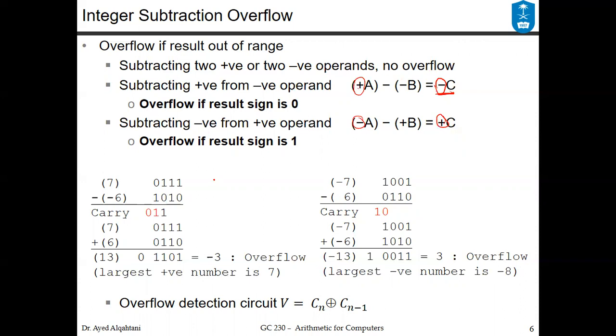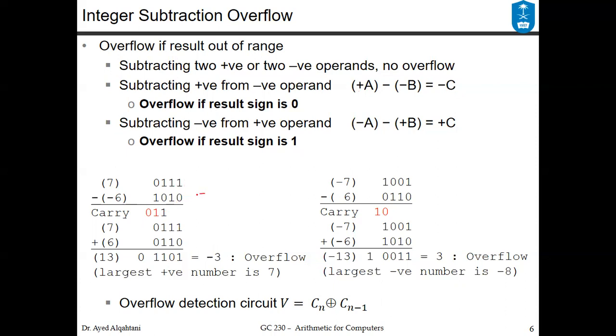And similarly, as we did in the addition, we will do in the subtraction. If we subtract a positive 7 from negative 6, the result that we get at the end is positive 3, which does not match the first operand. How did we get this result? We simply did what we just learned.